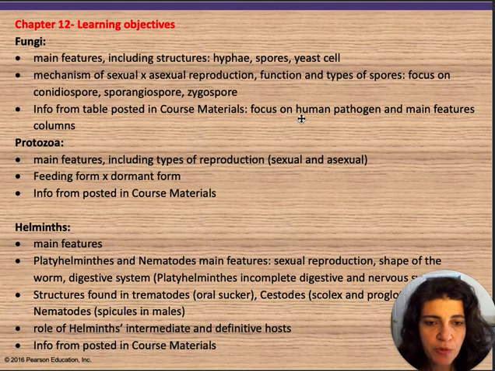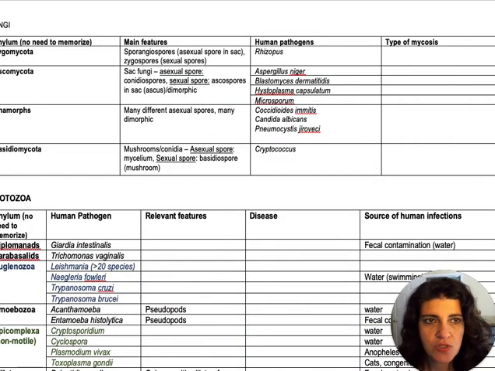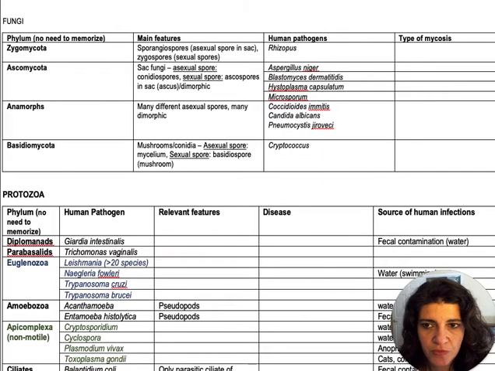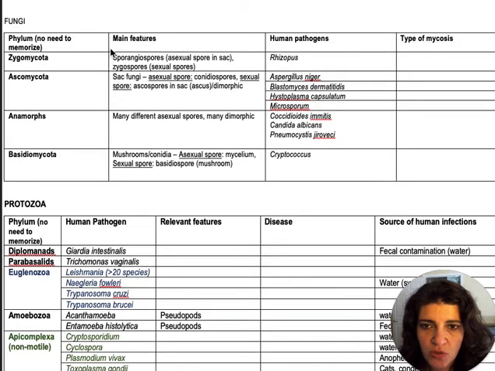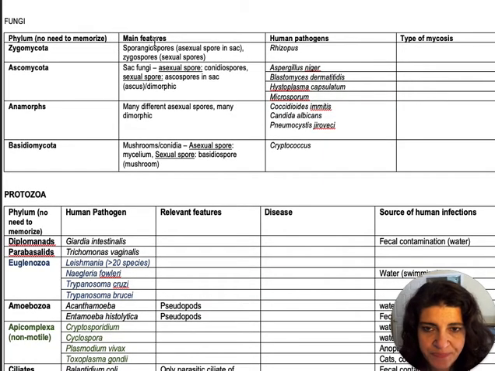So this table in course material has, let's show the table before I talk about it. So this is the table, right? Here for fungi, I put the phyla, and I said no need to memorize. And then I put the main features of these phyla of fungi. So what are the main features?